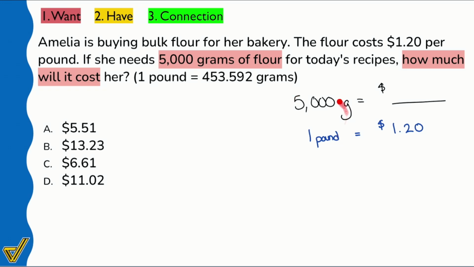The weight is not represented in the same way. We have grams and pounds. That is no good. No good at all. So that's why this right over here is very useful. 1 pound is the same as 453.592 grams. So this is exactly what I'm going to do.